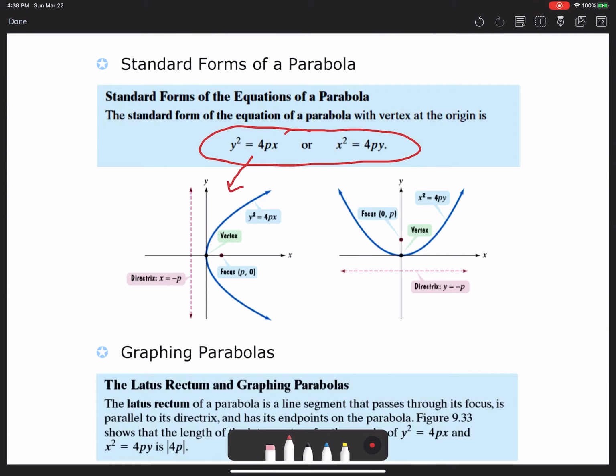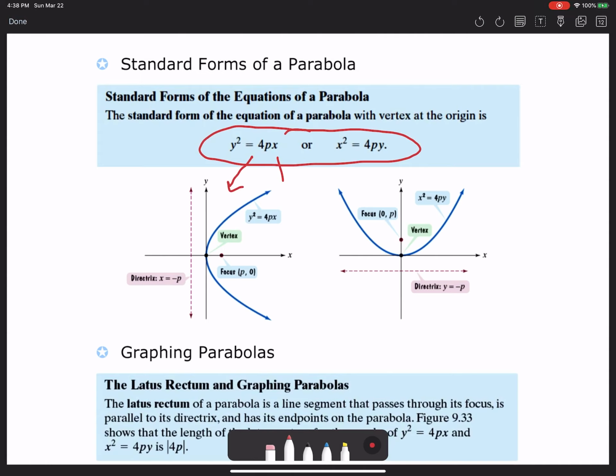The result of your y value being squared, but your x value being only to the first power, is that your parabola is going to be oriented horizontally. It's either opening to the left or opening to the right. And in that case, by our typical definition, it's not a function.